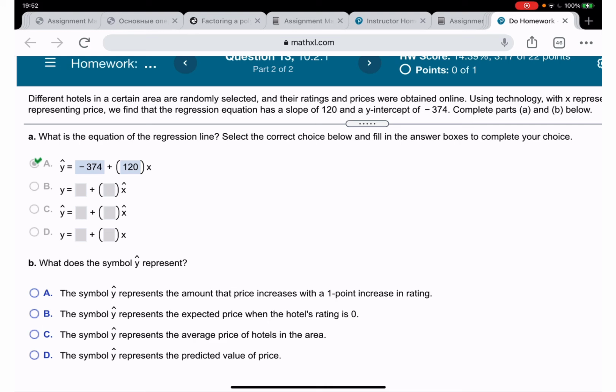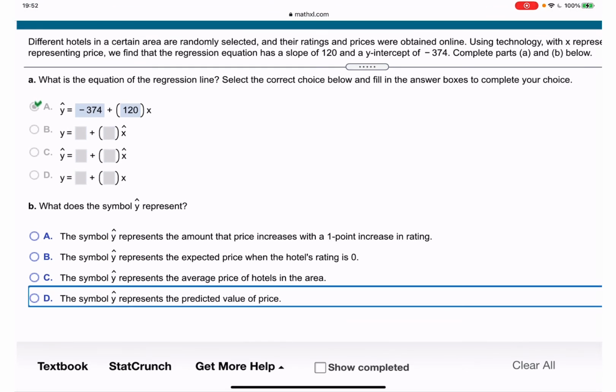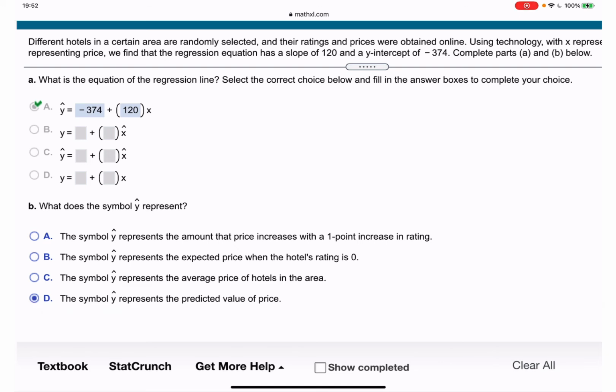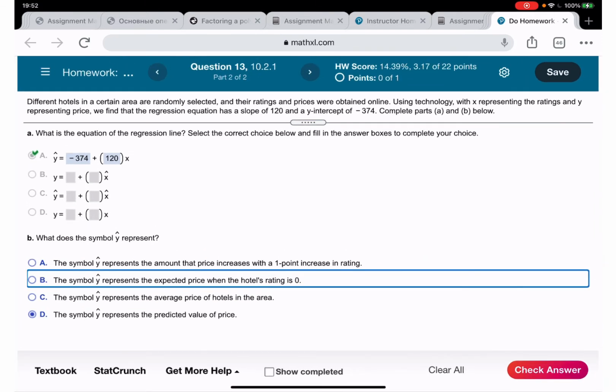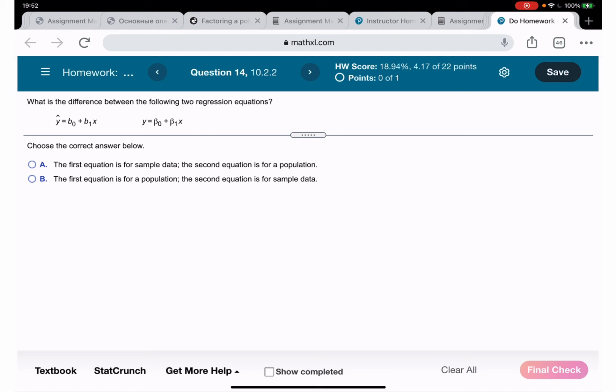Question. What does the symbol y hat represent? The symbol y hat represents the predicted value of price. Where is it? Oh, here it is. We are good. So moving to question number 14. What is the difference between the following two regression equations?